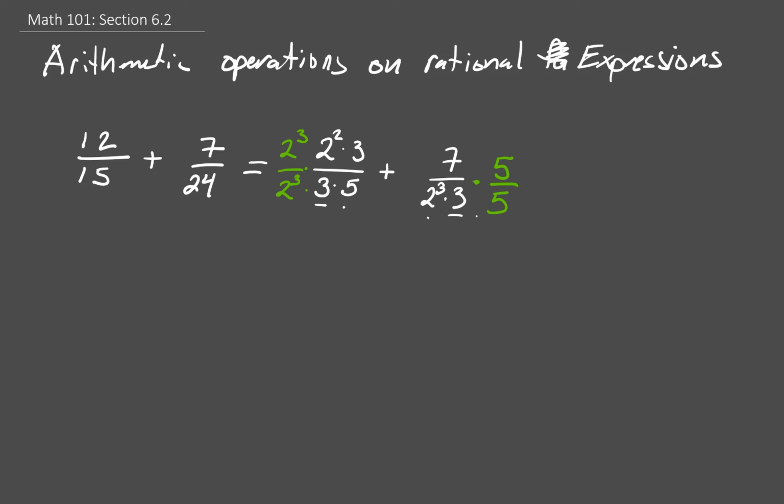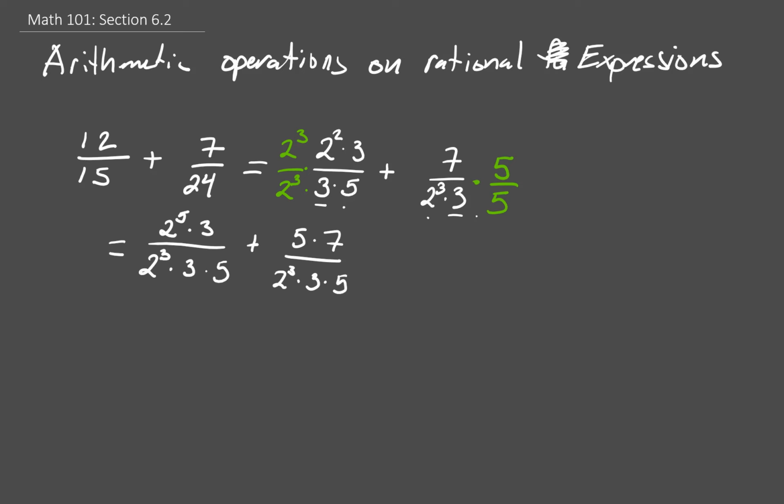So that changes this to 2 to the 5th times 3 over 2 cubed times 3 times 5 plus, I'm going to write them in increasing order, 5 times 7 over 2 cubed times 3 times 5.